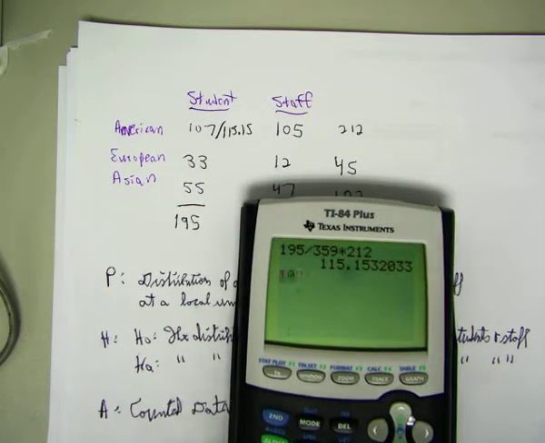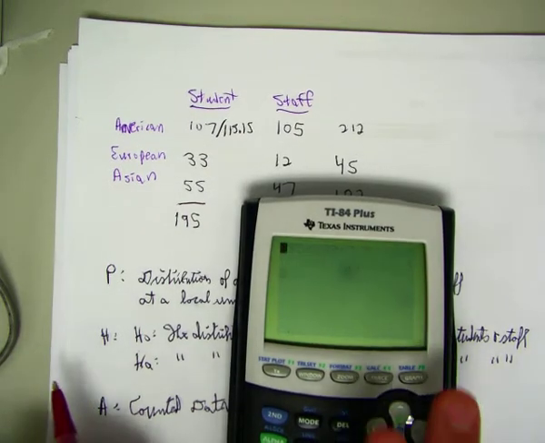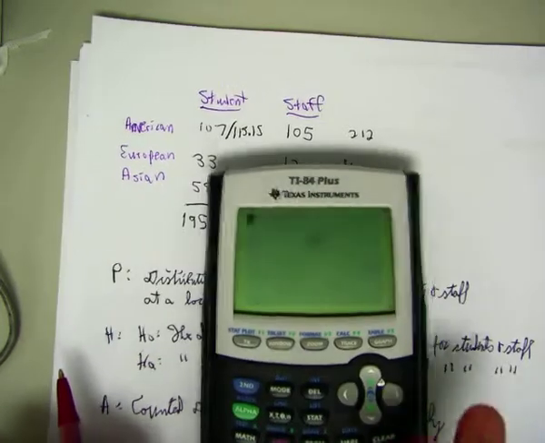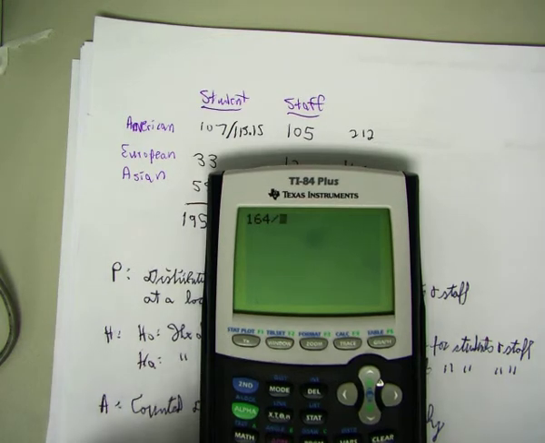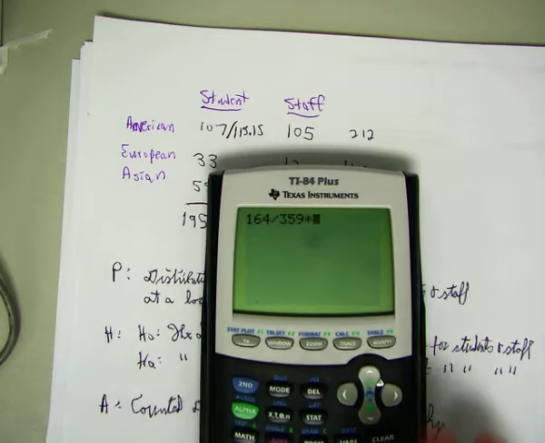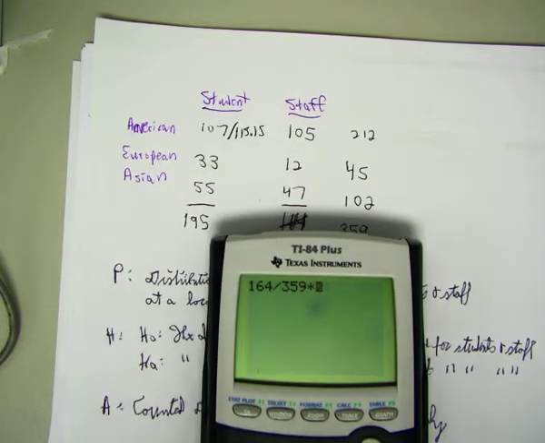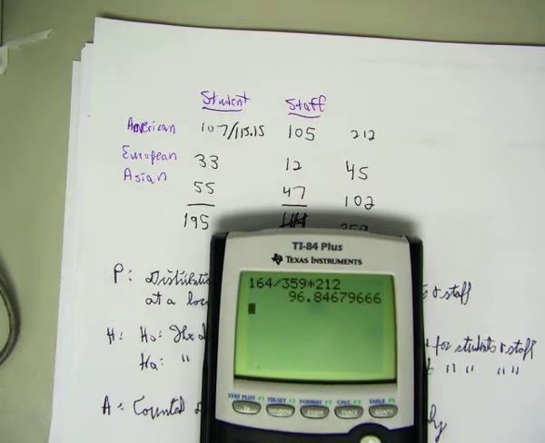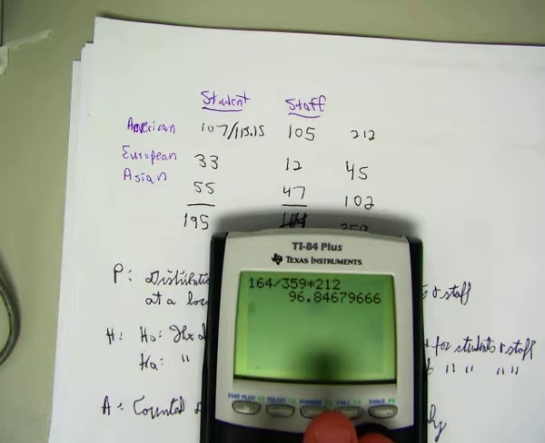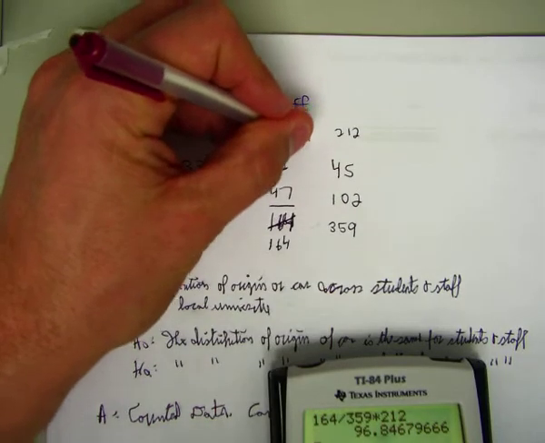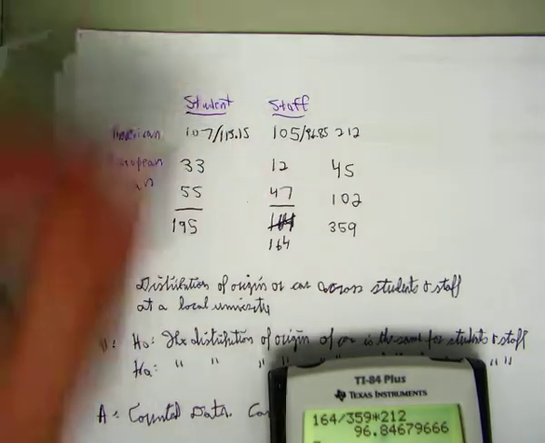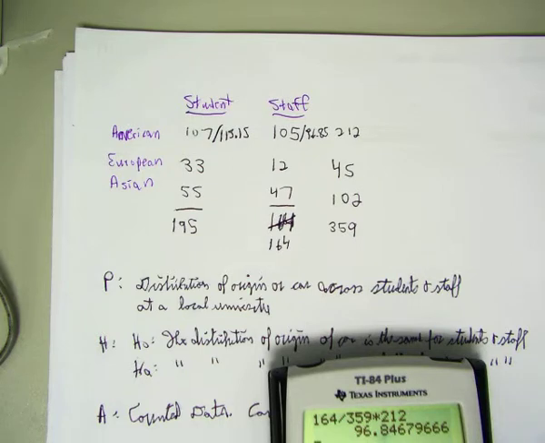There's 164 staff divided by 359 total people times 212 American cars. And we would get 96.85 expected American cars for staff. And you would do that for all of these.